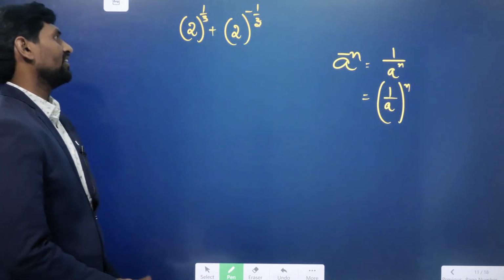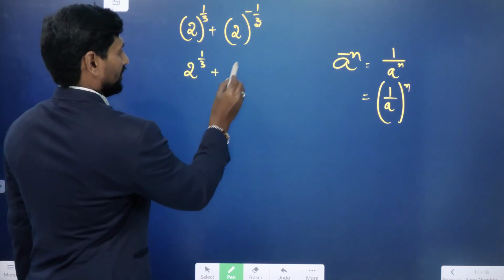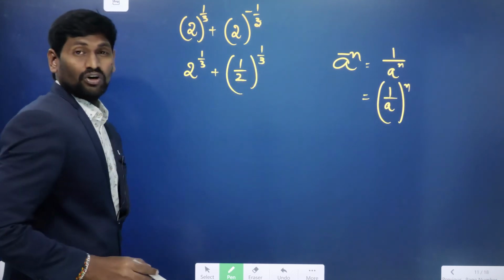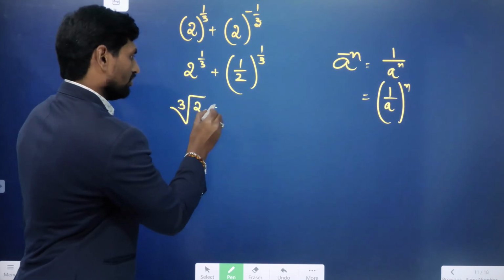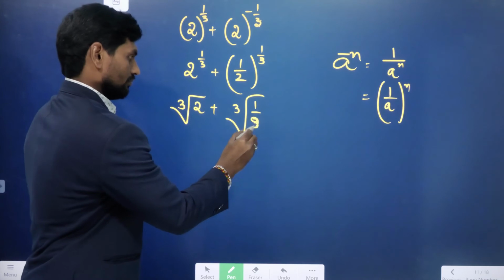In the same way, this one we can express as 2 power 1 by 3 plus 1 by 2 whole power 1 by 3. Whole power 1 by 3 is nothing but cube root. This is cube root 2 plus cube root 1 by 2.